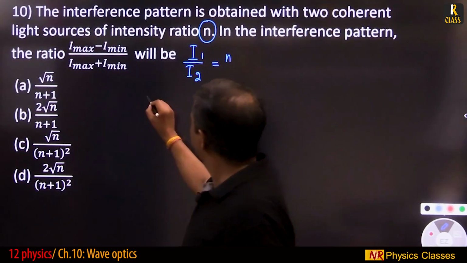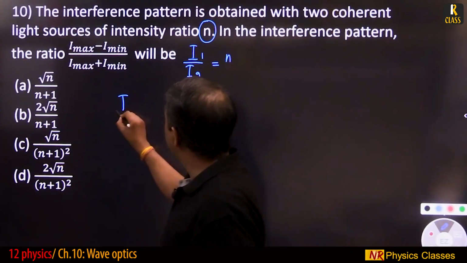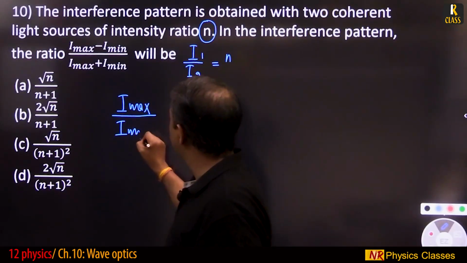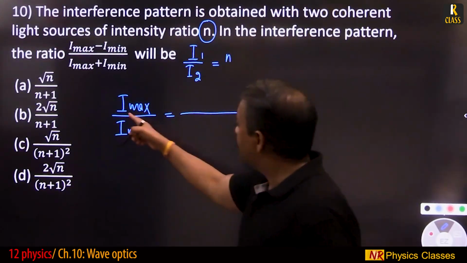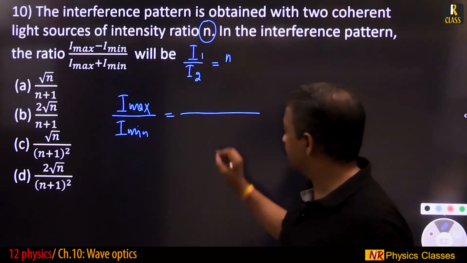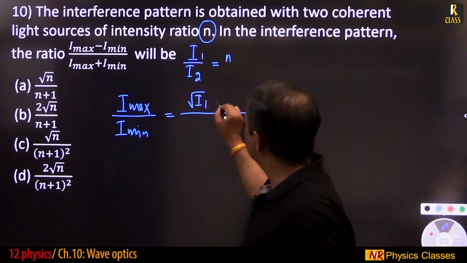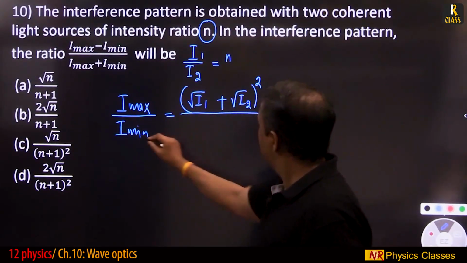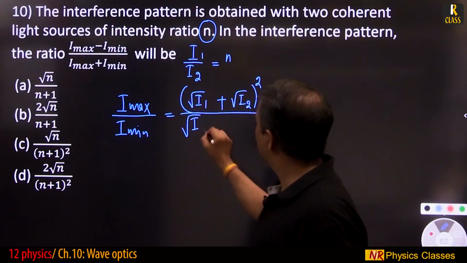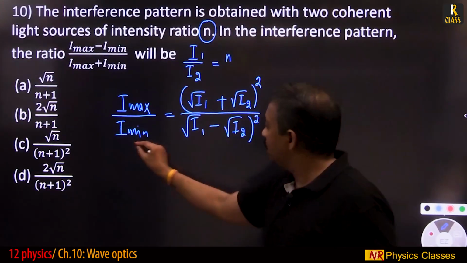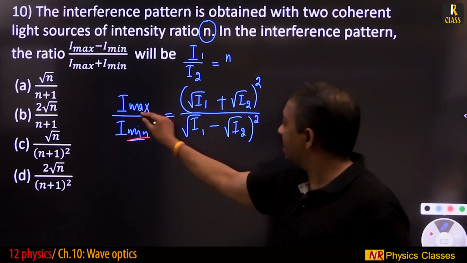Let us consider I maximum by I minimum, in terms of intensities. I maximum is (root of first plus root of second) square. I minimum is (root of I1 minus root of I2) square. For minimum, there should be minus, for maximum plus.